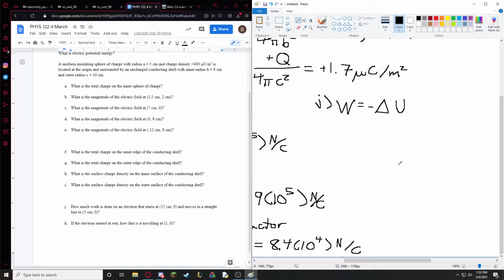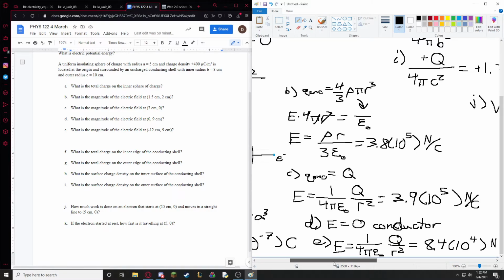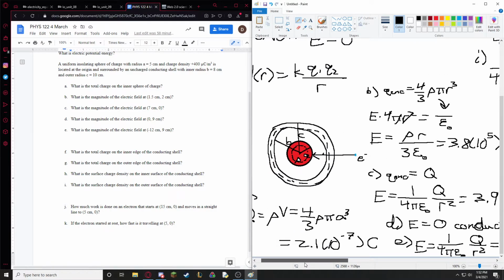What's our initial starting electric potential energy? That'll be Q1, which would be the electron charge, times Q2, which would be basically the inner sphere, divided by the radius. Yeah, exactly. According to Gauss's law, if we're outside a spherically symmetric charge distribution, we can treat it as a point charge.